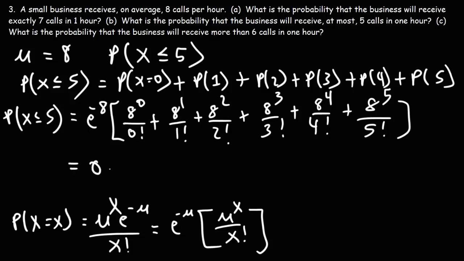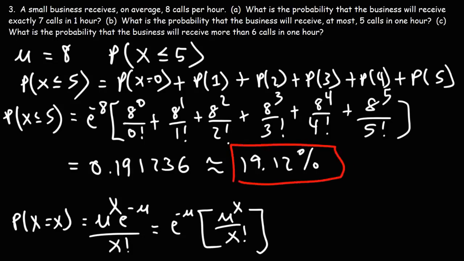So I got 0.191236. So that's a 19.12% chance that the business is going to receive at most 5 calls in 1 hour. So that's it for part B. Now let's move on to part C.